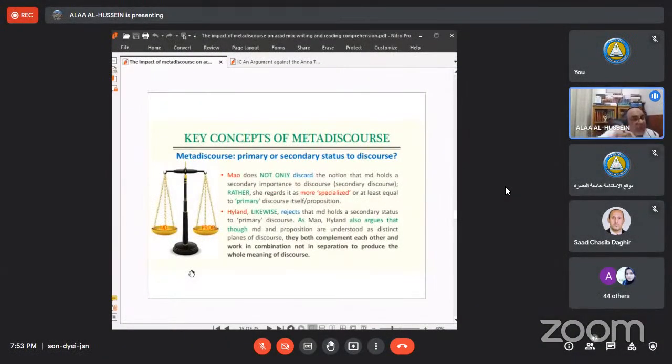The meaning of the text is the combination of proposition and meta-discourse, the combination of those meta-discoursal items with those ideas, propositions, content. The combination of these two equal discourse parts results in the whole meaning of the text.